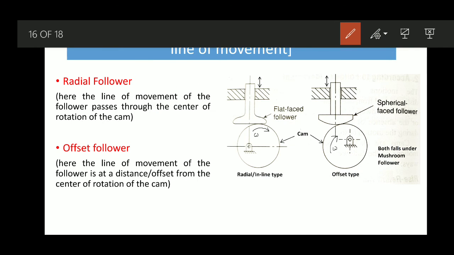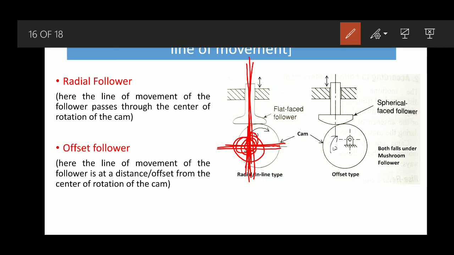In the case of a radial follower, the line of movement of the follower passes through the center of the cam. Here this is the center of the cam, and this is the line of movement, the axis of follower movement, and they actually coincide.